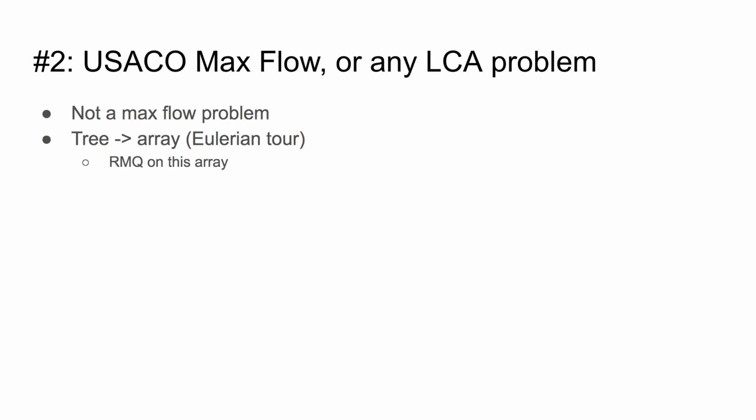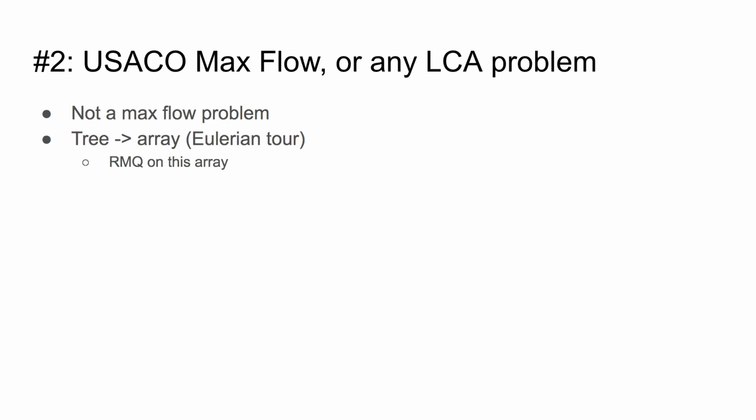That's not very specific, but it's like taking a pencil and going at the root and drawing to each of the children without ever lifting up the pencil, and the order you get when you do that is basically the Euler tour. It's a traversal where you visit every edge exactly once. But I'm not going to go into detail about that.